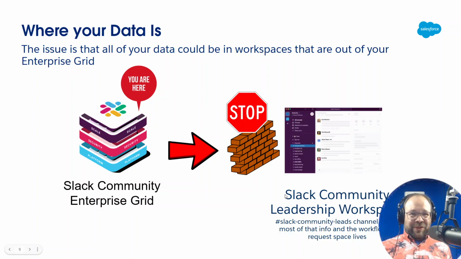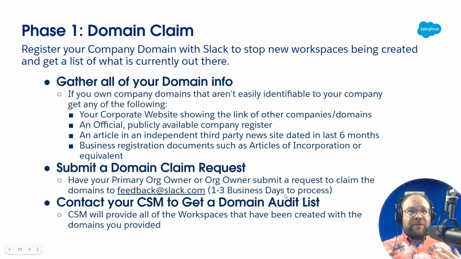And a lot of times, people will start up a Slack workspace and forget that they had it out there. So we're going to take you into our first phase, which is called domain claiming. What domain claiming does is, if you have an enterprise grid, you can register your company's domain with Slack to stop any new workspaces from being created with your company's email address.